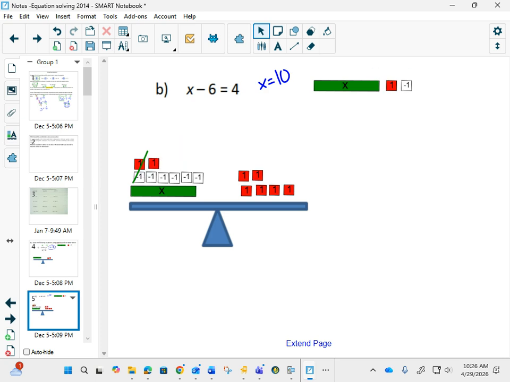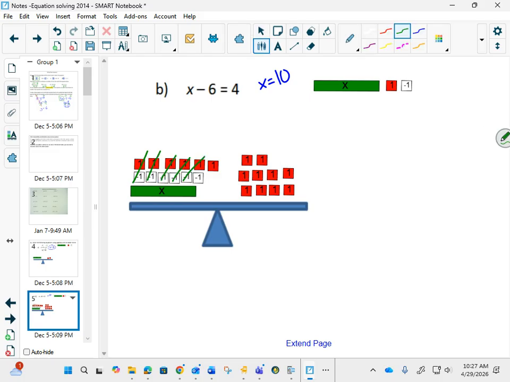Another one here, another one there, and so on. Typically, you'll cancel these, cancel those, and I'm left with just the x. How many am I left with on this side?